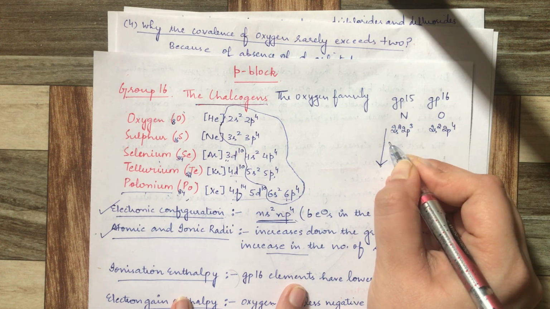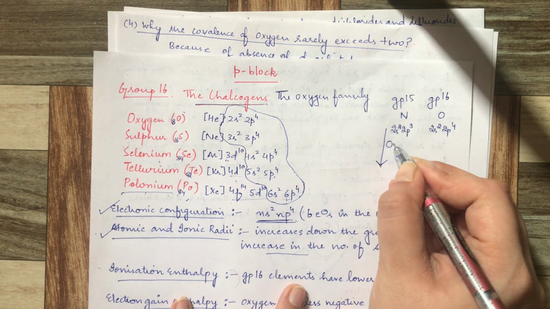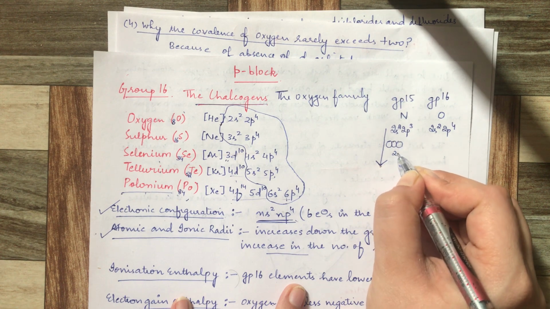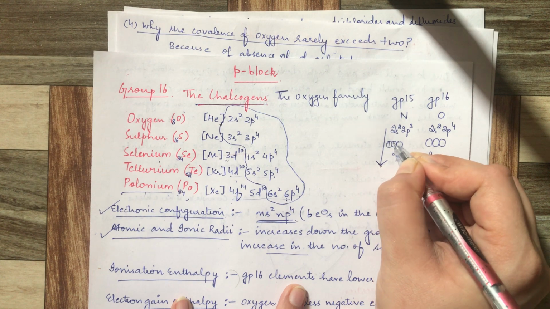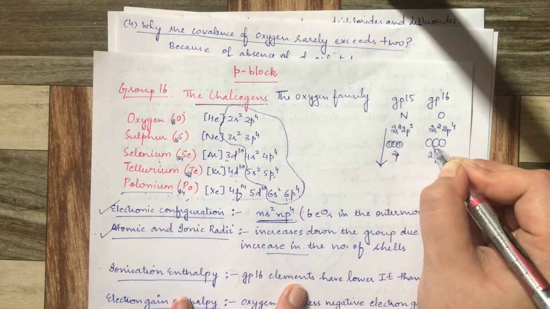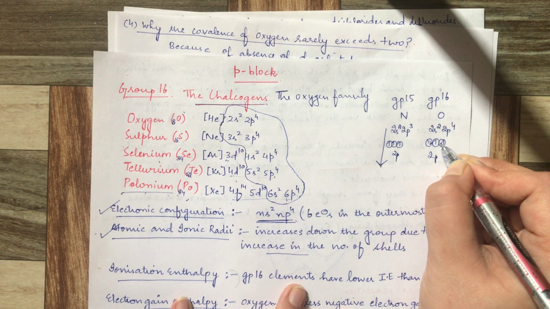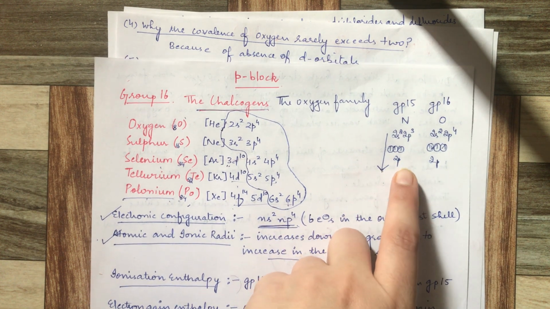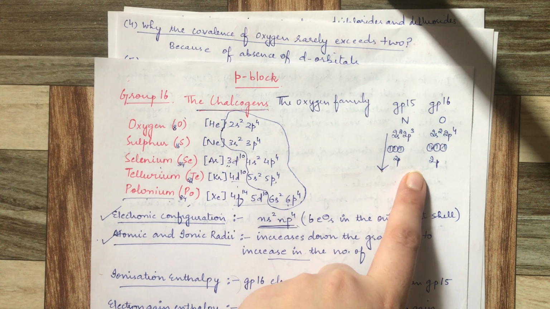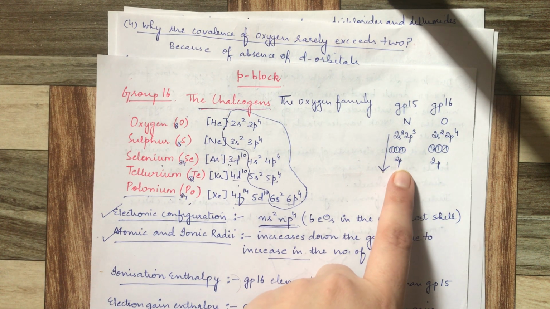If I talk about the valence shell, we only talk about 2p. Nitrogen has 3 electrons in the 2p subshell, whereas oxygen has 4 electrons in the 2p subshell. If we observe closely, who would have high ionization enthalpy? Nitrogen would have high ionization enthalpy.